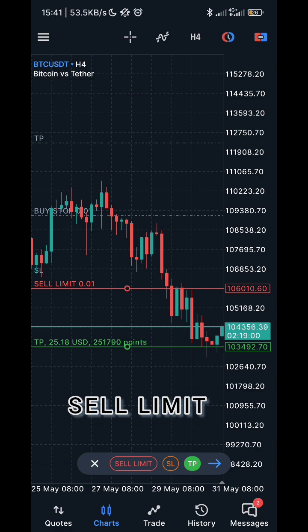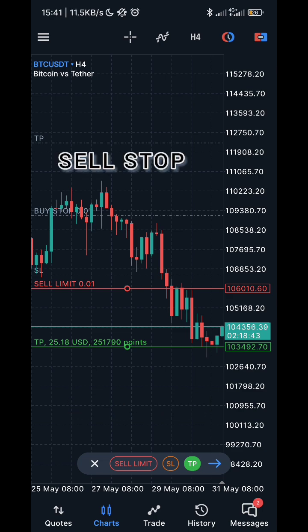So this is where the market is, 104356. I'm expecting that it will keep buying till it hits the point of 106010 and then sell down to my TP, which is 103492.